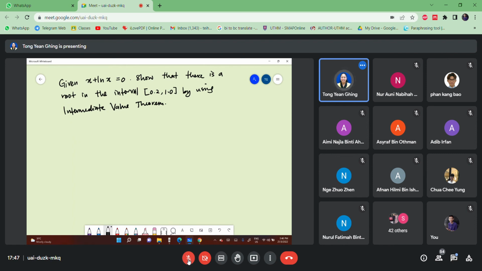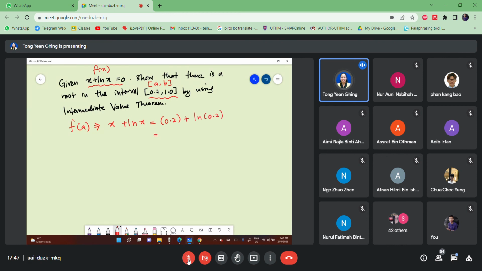It's given, this one is f(x). So here, this is a and this is b. Now I want to calculate f(a), that means I have to substitute the value of x. So I need to substitute a as 0.2, 0.2 plus ln 0.2.